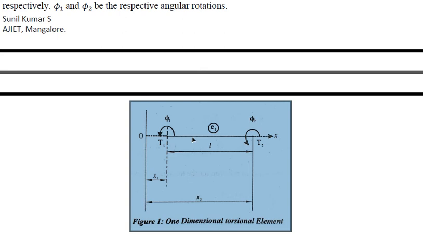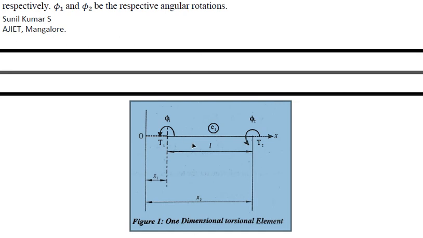Now it is required for me to find out the value of phi anywhere over the element. Let me consider any point here at a distance x from the origin. I have to find out the phi value.